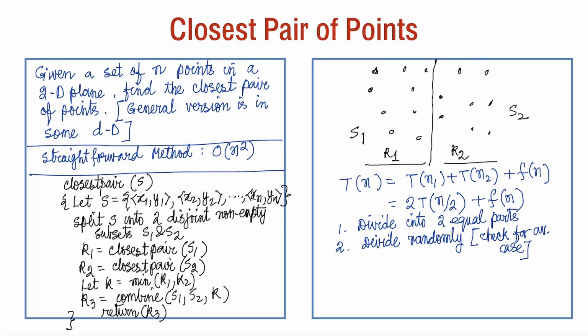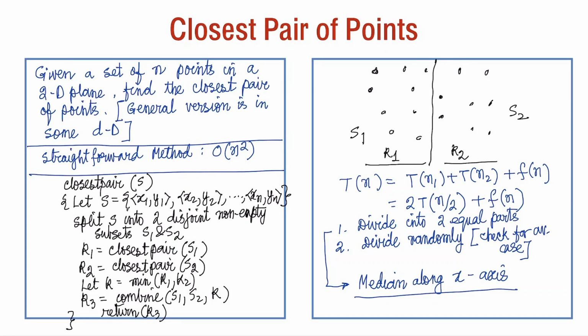Now if we have to divide it into two equal parts, that means we have to find the median along the x-axis. So we have to find the median, and we will divide it into two equal parts.